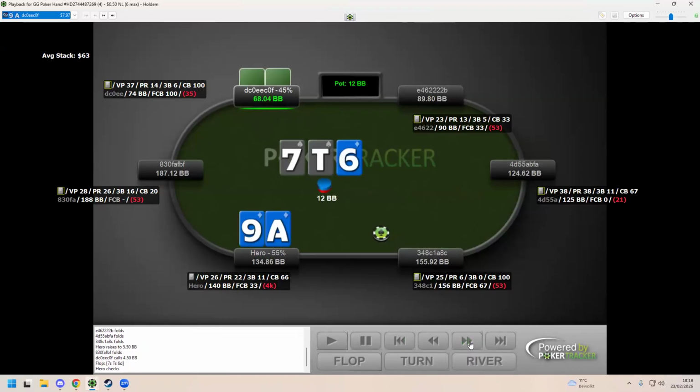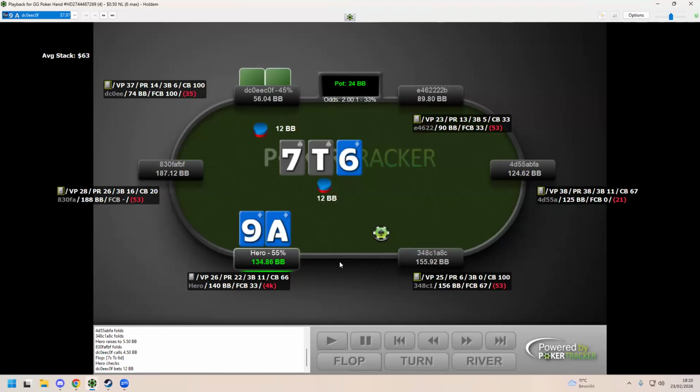I check. One exploit here, yeah, this is a fine default. Think about the range you're against here. What's the shape of it? It certainly does hit this a lot, I think. It's got a lot of draws available here.